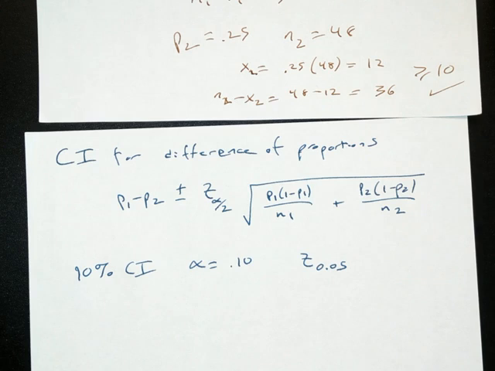I'm hearing lots of different numbers pop up. The 1.96 goes with alpha being 0.05, not alpha being 0.1. That one is 1.645.